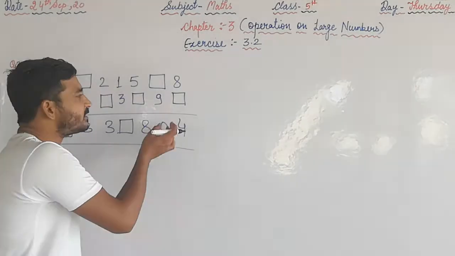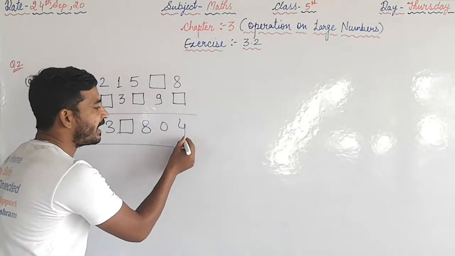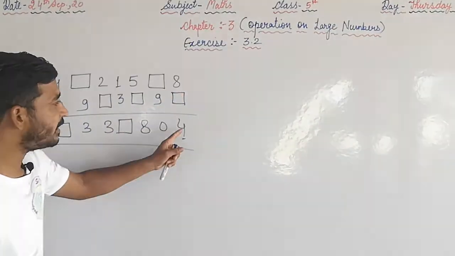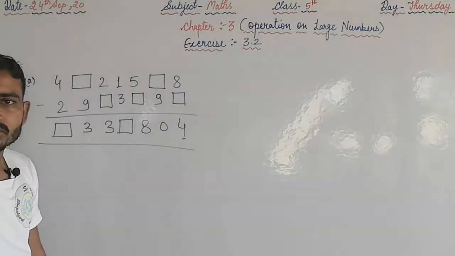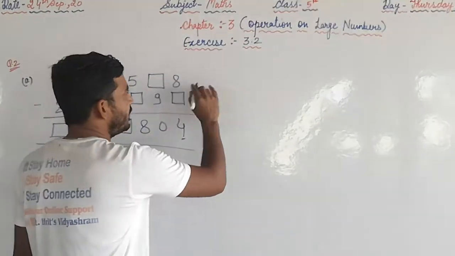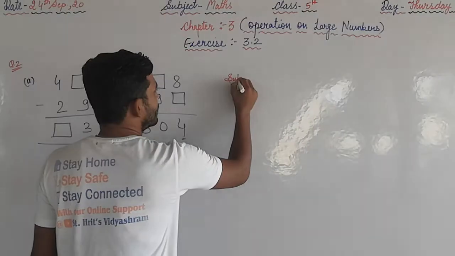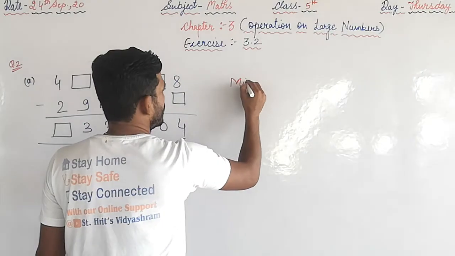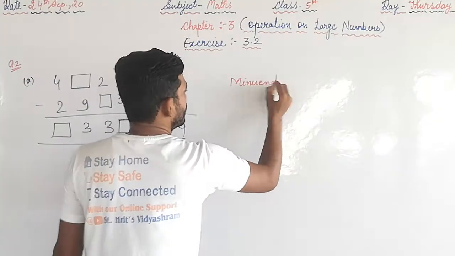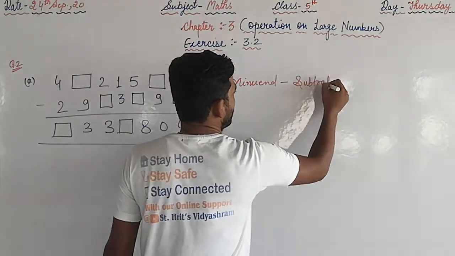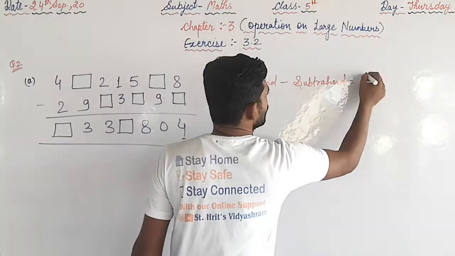What should we subtract from 8 to get 4? See, one formula is there. Minuend minus subtrahend is equal to what, beta?